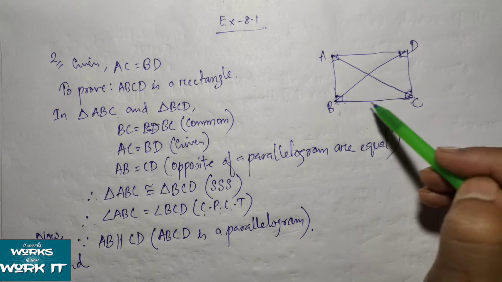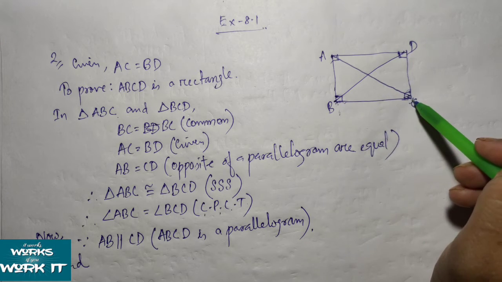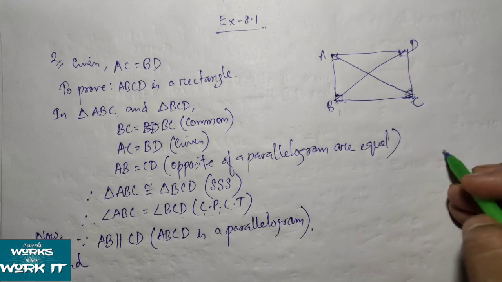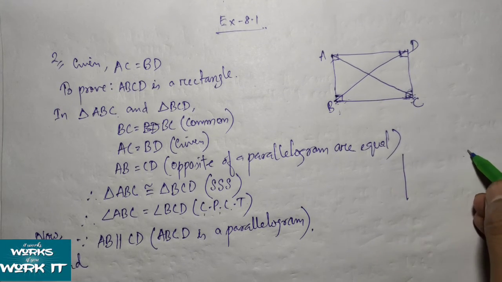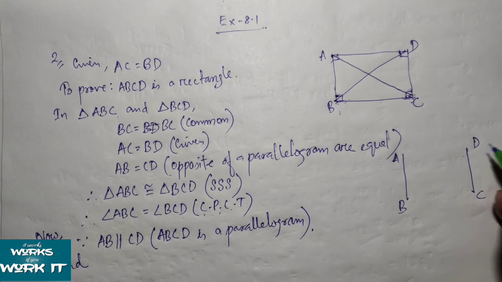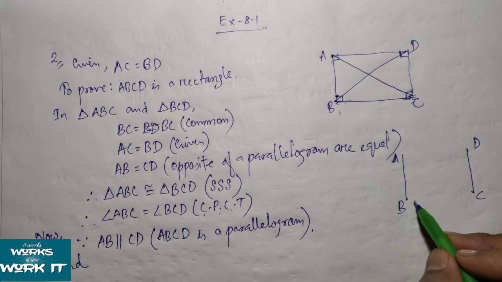And we can take BC as a transversal. What is the meaning of transversal? It connects the parallel lines. In the diagram, AB and CD are parallel.